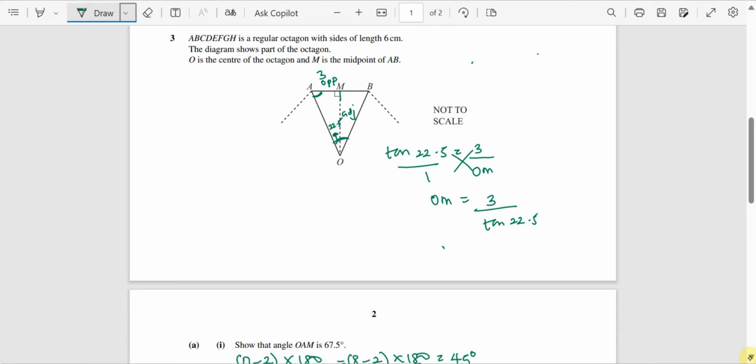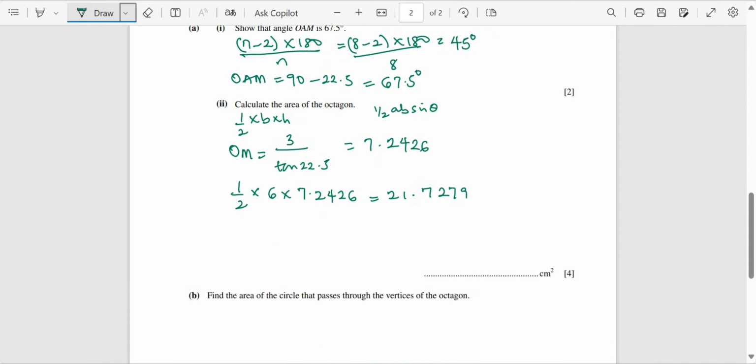Now if we complete this diagram, remember this is the center, to have our octagon, you realize that we're going to have 8 identical triangles there. So we have to multiply this by 8 to get our final answer.